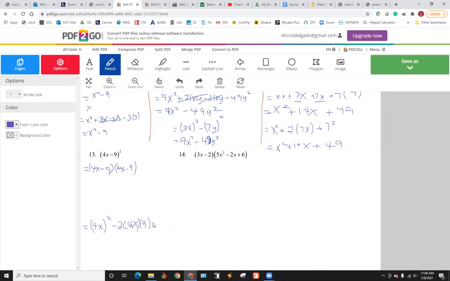And then it's plus that squared. And the reason why it's going to be plus is because negative 9 times negative 9 is going to be positive. So let's see. So this is 72x plus 49, not 49, sorry, 81.